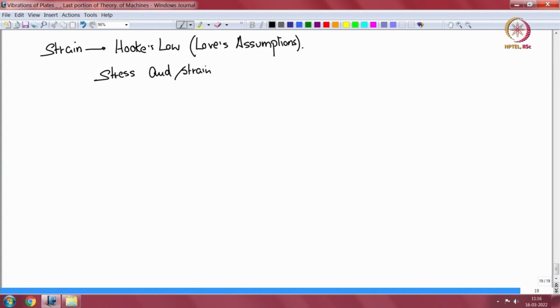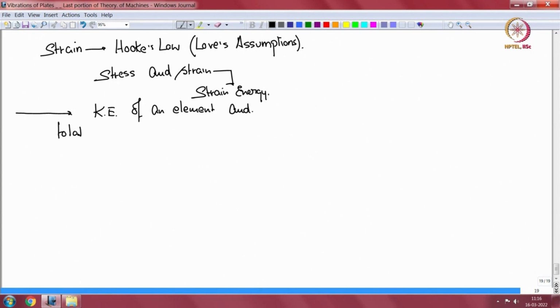From here we will form the strain energy. From the other side we will look at the kinetic energy of an element and the total structure, through integrals over the structural dimensions. Then we will subject it to Hamilton's law. That is the idea.